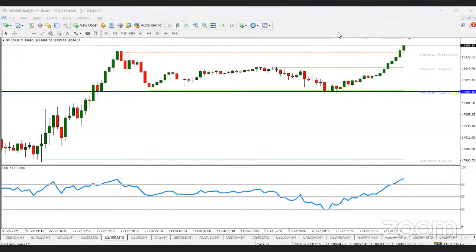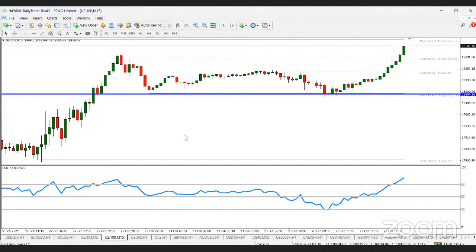Considering the fact that we're expecting weakness for the dollar, and the dollar is currently on a downtrend, it's no surprise that these guys are pushing up. But I would rather enter my buy from 18,000 to buy upwards on US 100.